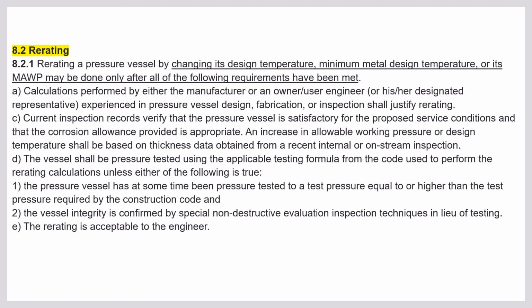Re-rating a pressure vessel by changing the design temperature, maximum metal design temperature, or its MAWP, maximum allowable working pressure, may be done only after all the following requirements have been met. These are a few of the requirements which we have to see. If these requirements are met, then we go for the re-rating. Re-rating calculations should be done only by a manufacturer, owner, user or purchaser.